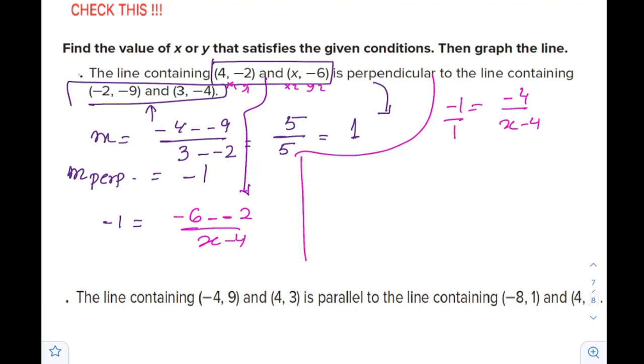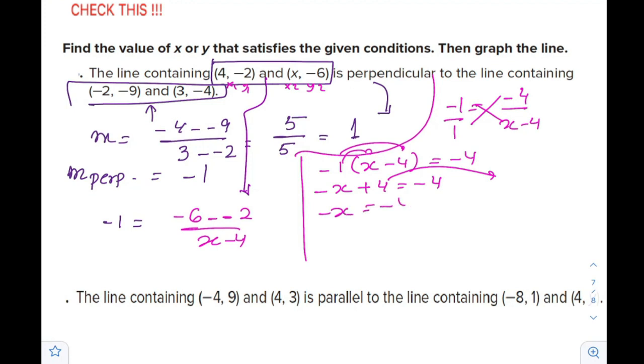If you want, cross multiply. So -1 times (x minus 4) equals -4. Distribute. Minus x plus 4 equals -4. Minus x is -8. So x is 8.